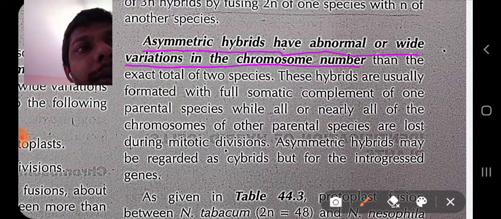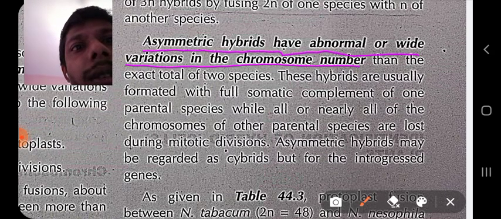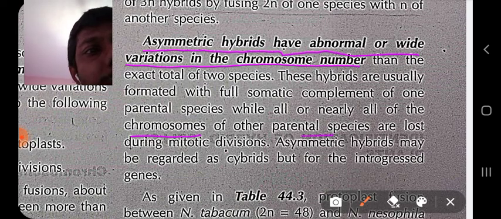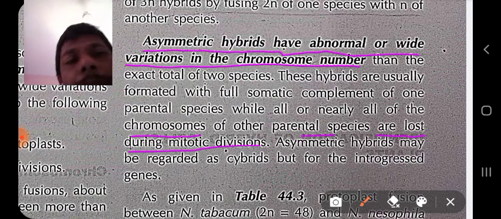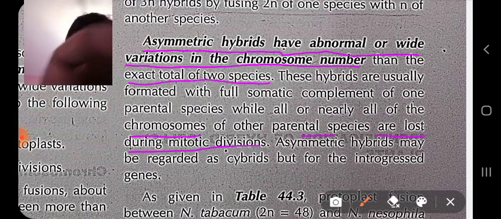These hybrids are usually formed with the full somatic complement of one parental species, while nearly all or all of the chromosomes from the other species are lost during the successive mitotic divisions. So in asymmetric hybrids, they will have abnormal or wide variation in their chromosome number than the exact total chromosome number of the two species.